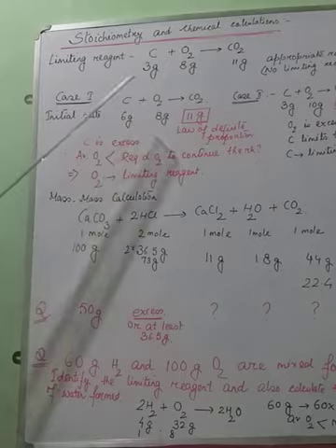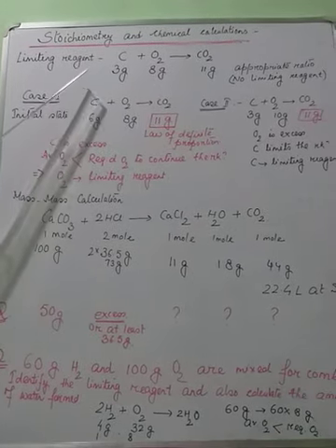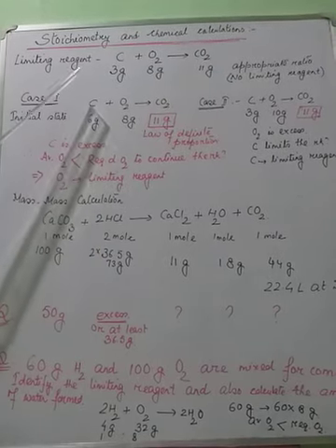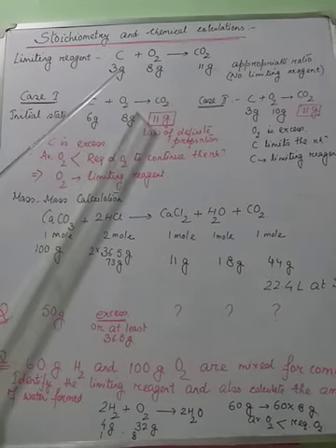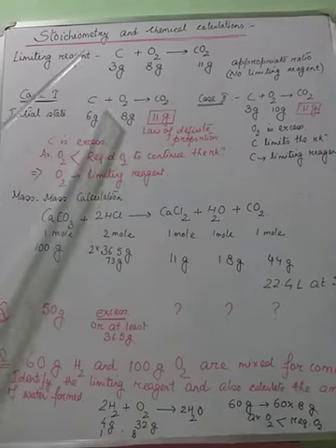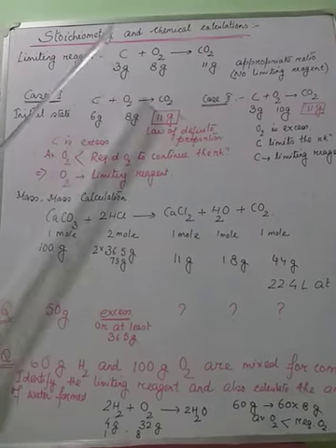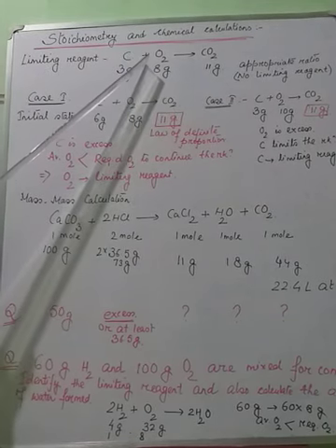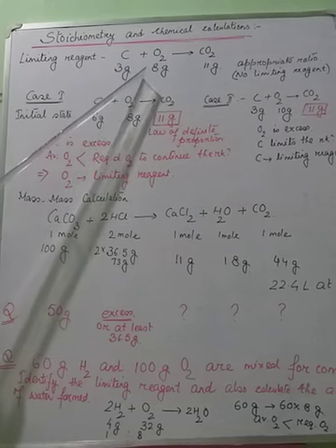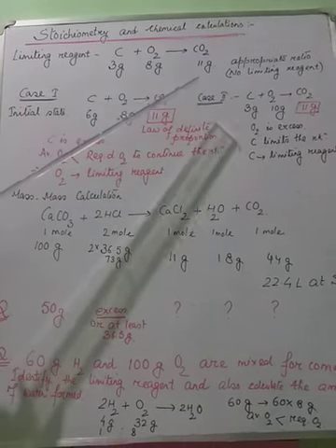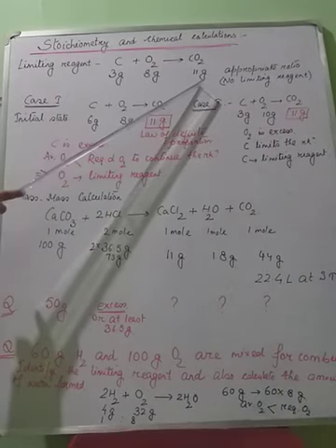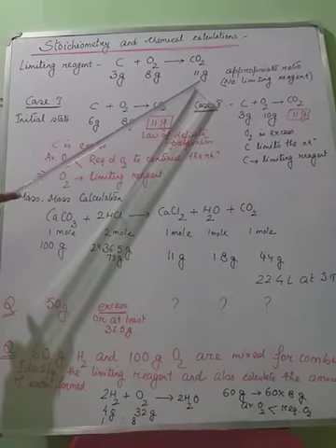As we know, according to the law of definite proportion, carbon and oxygen would always react in the ratio of 3:8 by mass. So in case we have taken 3 gram of carbon and 8 gram of oxygen, it's obvious that they are in appropriate ratio, then we will say there will be no limiting reagent, and of course 11 gram of carbon dioxide would be formed.